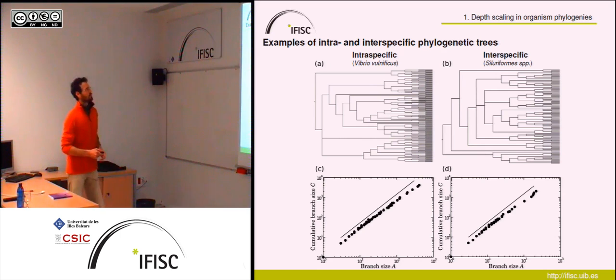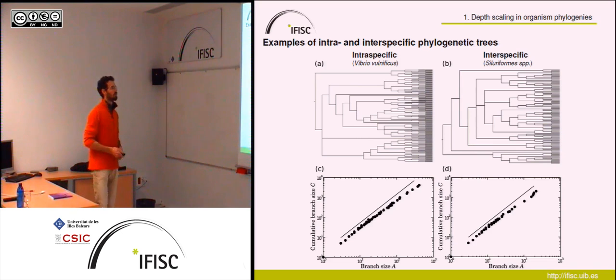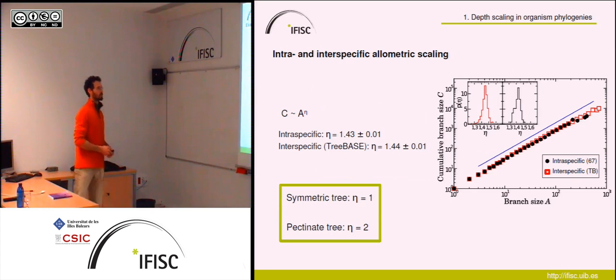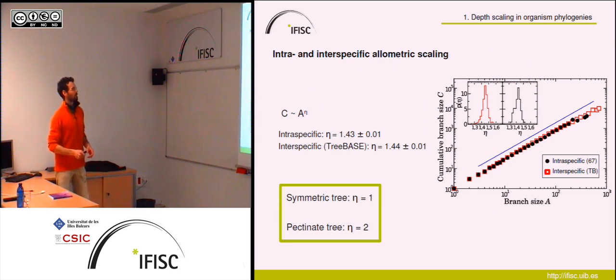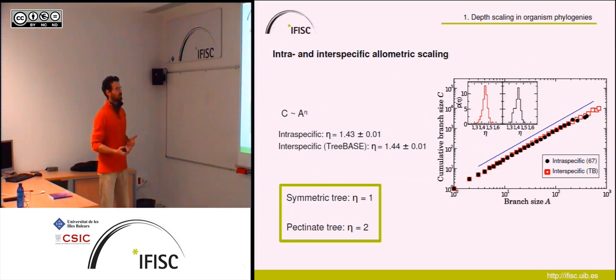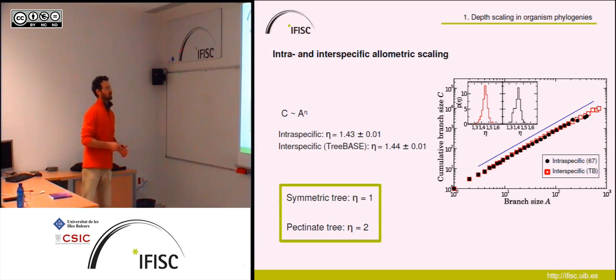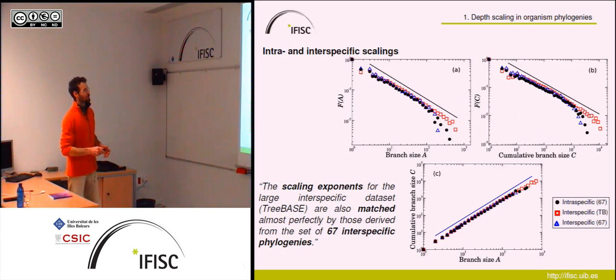On the other hand, as an interspecific phylogeny, I show a phylogeny of species from the order Cypriniformes and its corresponding depth scaling, and we see how similar the allometric scalings are. This resemblance between the exponents is highlighted if we compare the probability distribution of the power law exponent theta, fitted for the individual trees in both cases. What we observe is a very narrow range in the probability distribution for both cases.